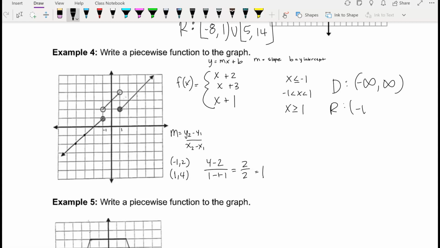So it'd be negative infinity to 1, and then those fill in. So then from 2 to infinity, because those would fill in here.